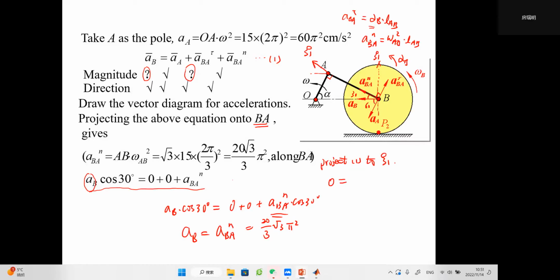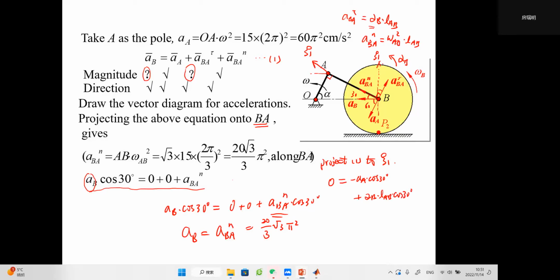AA, because this is 60, has a 30-degree intersection with axis 1. But its projection onto axis 1 will have a minus sign because of its direction here. So we have minus AA times cosine 30. And ABAτ, this angle is also 30, so we plus ABAτ, which we write as alpha B times LAB times cosine 30.